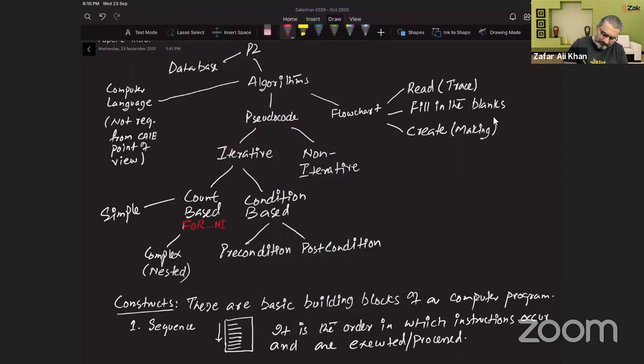So count based is always achieved through for next loop.